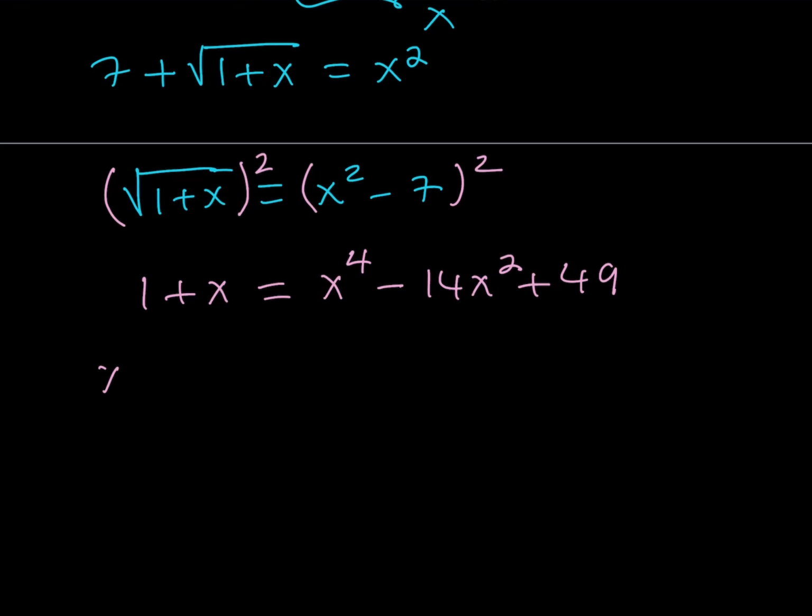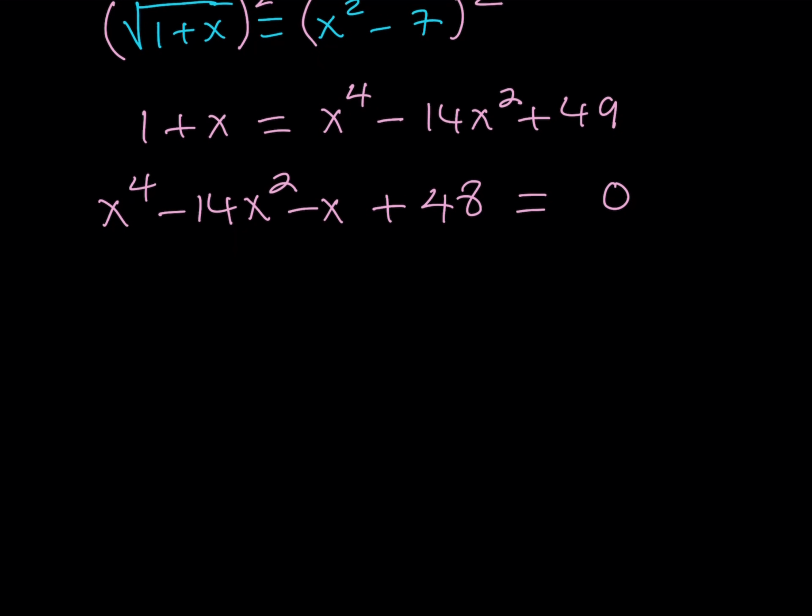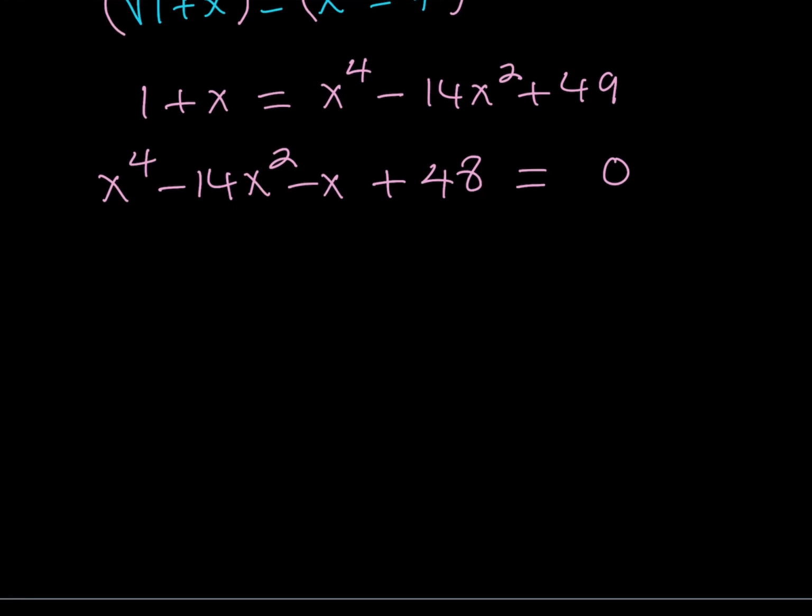Putting everything on the same side gives us x to the 4th minus 14x squared minus x plus 48 equals 0. Now, we're hoping to find some rational solutions to this. So to find rational solutions, we're going to use the rational root theorem. So we're basically looking for factors of 48.